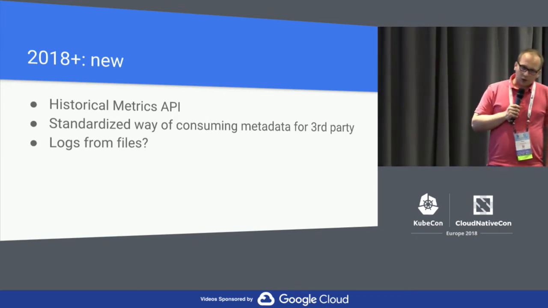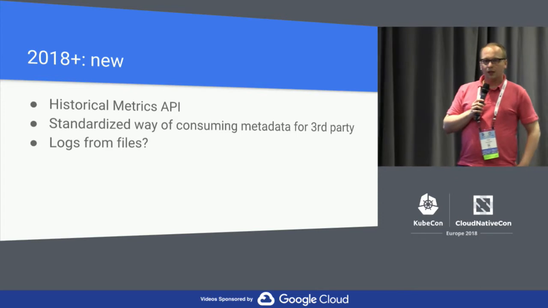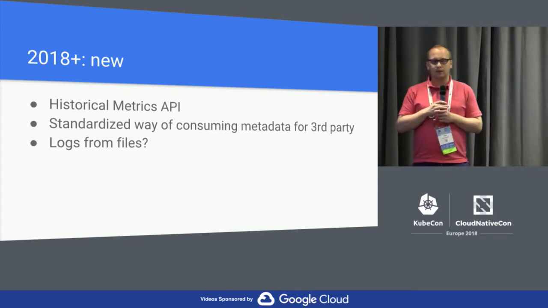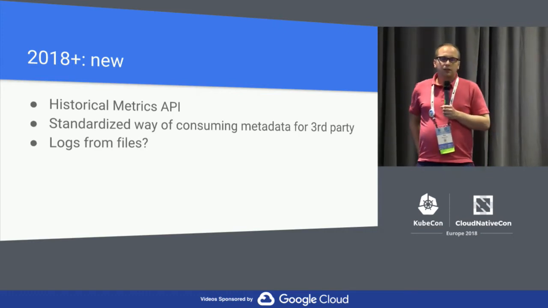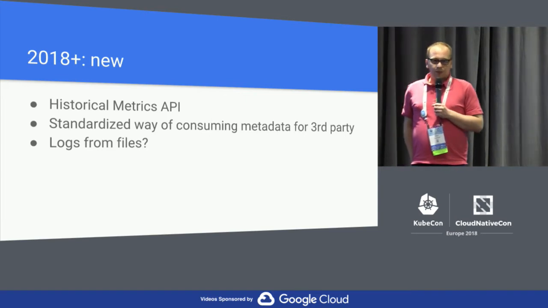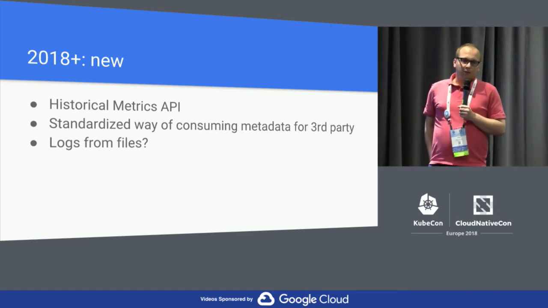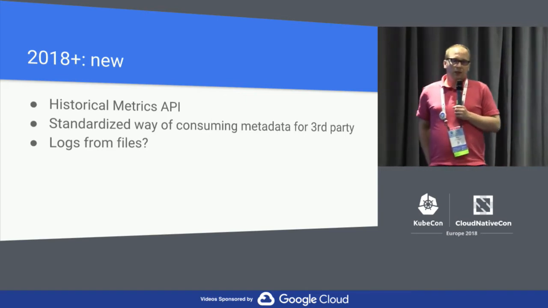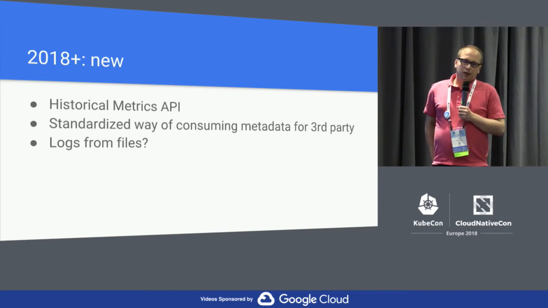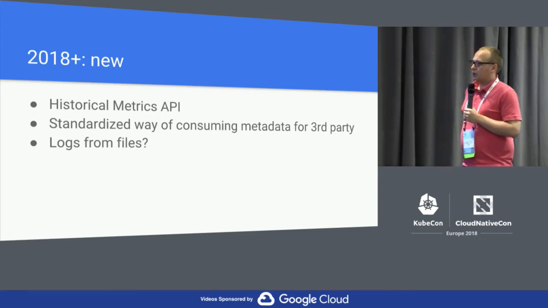There is no good story on how to consume metadata. There are a few options. One is to query the Kubernetes API server directly. There is also this unofficial /pods handler in kubelet, exposed by every kubelet, and some of the monitoring vendors use this one. There is also an option to rely on environment variables that are set, like the downward API.